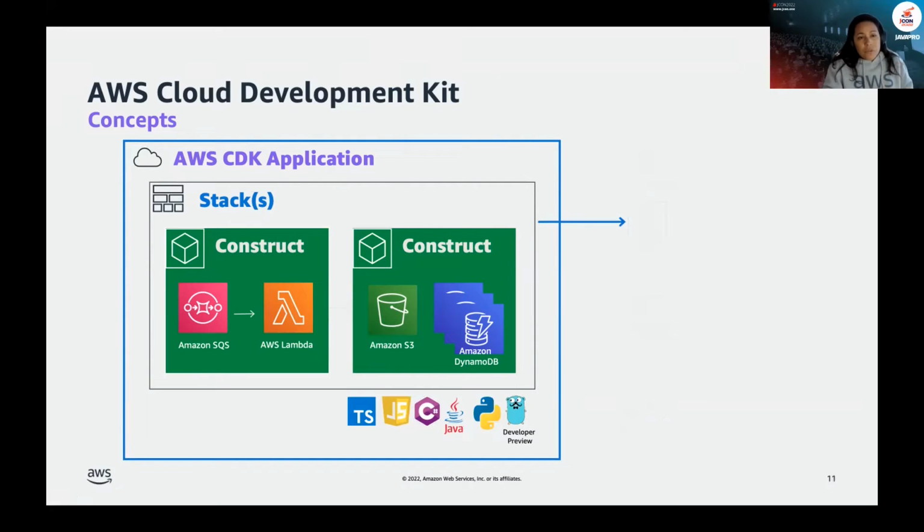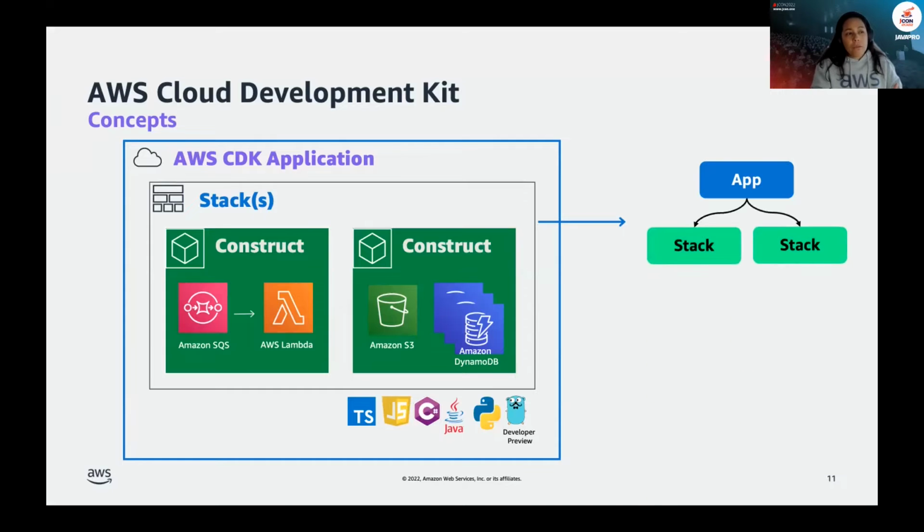So as I mentioned, we have a tree of constructs that we declare as part of our CDK application. And this is because every construct is instantiated in the context of another one. We start with our CDK application. That is an object that we instantiate, and it's going to become the scope for instantiating our stack.